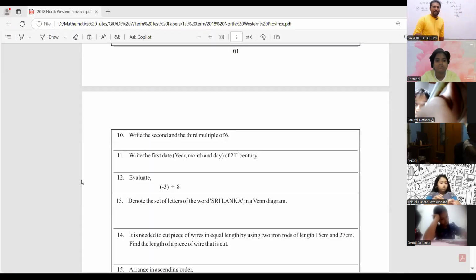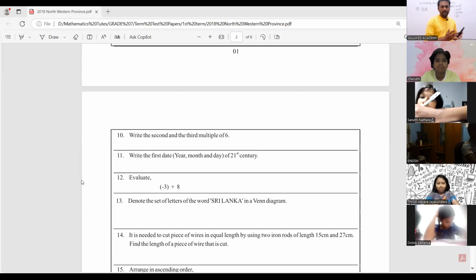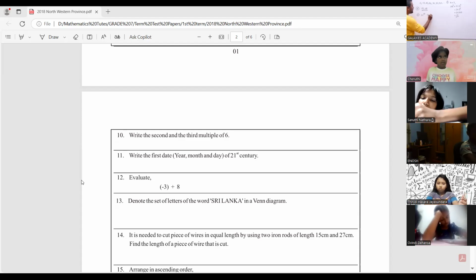Question number 11 given. Write the first date. First date means year, month and date of the 21st century. Century means the time period of 100 years, no?